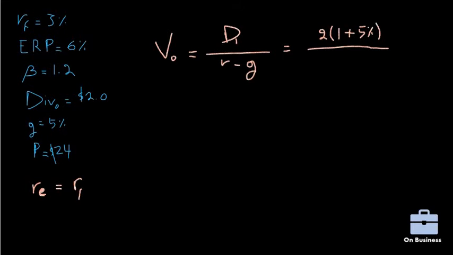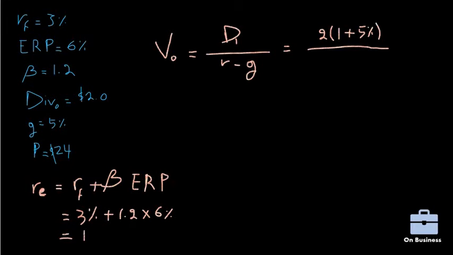I've explained this before, and here we have RF plus beta into ERP, which is the equity risk premium, and this is 10.2%.